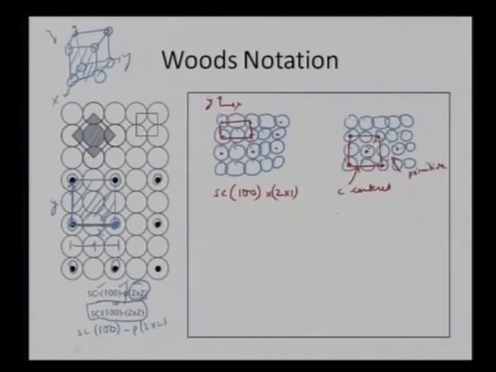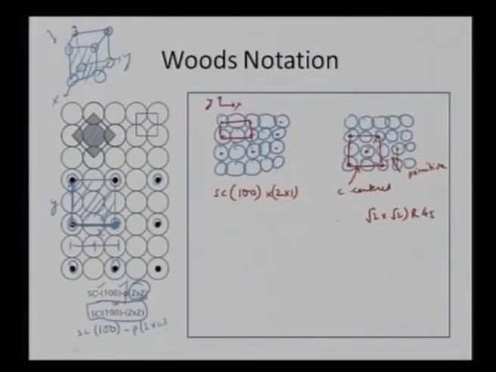I can say it is a simple cubic. First I am taking only the primitive case, so it is a simple cubic. Now it has to travel root 2 distance. This is to travel root 2 by root 2 at 45 degrees.